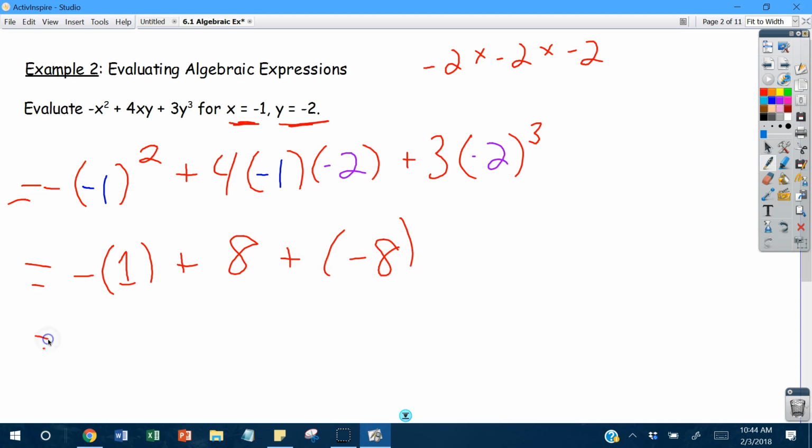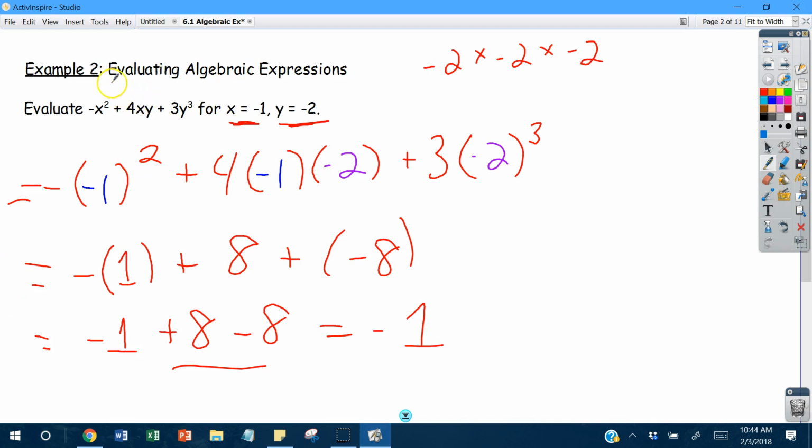Let's rewrite this as this is -1, this is 8, and this we can rewrite as -8. So now we've got a really simple problem. -1 plus 8 is 7, minus 8 is -1. These two cancel out. So that's probably a better example of a messy evaluate problem.